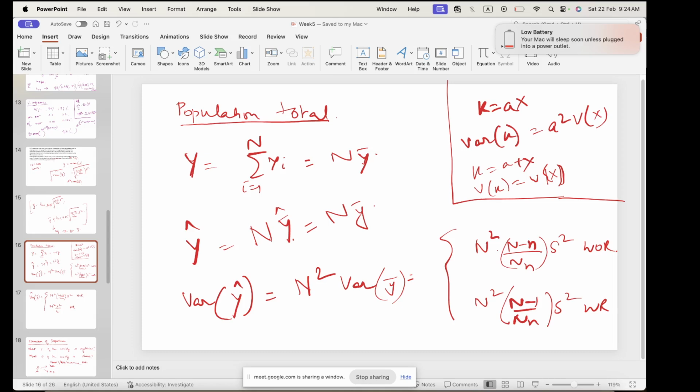So here again, since we have capital N into y bar, variance of y total will be capital N square variance of y bar. Variance of y bar will be this or this, depending on whether we have WR or WOR. And if I want an estimate of the variance of y hat, then that is given by this term: whatever variance of y bar estimate we had, that into capital N square.